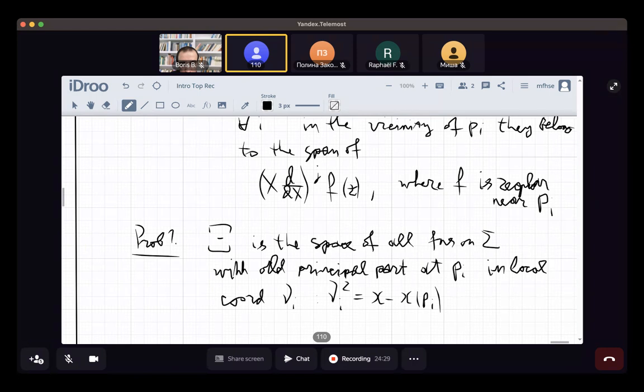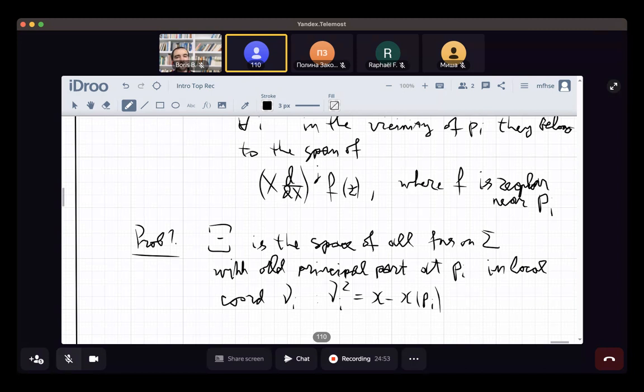So remember that pi, again, was a critical point, a simple critical point, meaning that there is some local coordinate such that small x looks like nu squared plus a constant, right? At this point, near the point pi.